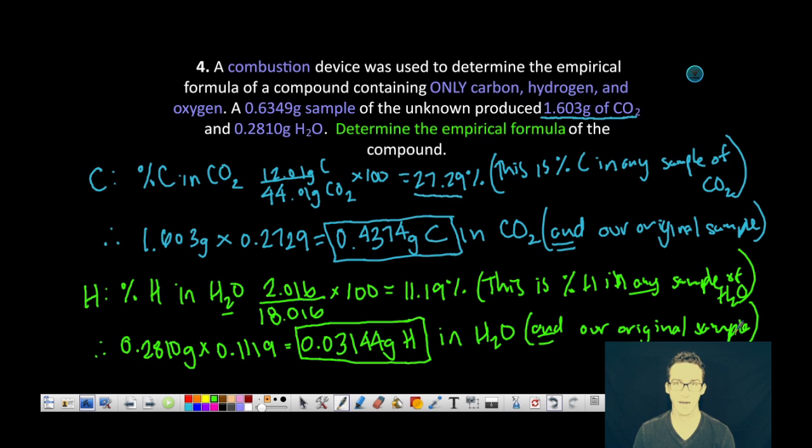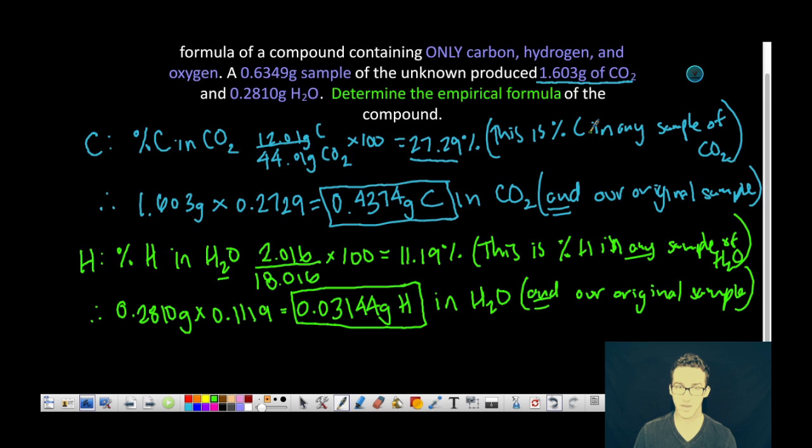Whew. Okay, quick breath. So if you're really excited to do this again with oxygen, you're going to be disappointed. We don't have to do this again for oxygen. It's difficult because we're burning it in oxygen, so we're not sure how much came from the oxygen that was burned in and how much came from our original sample. It's actually, though, a little bit easier.